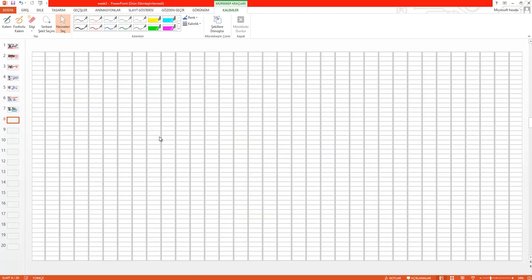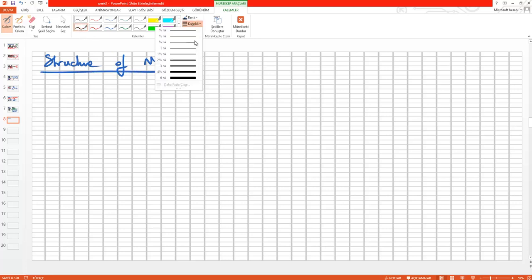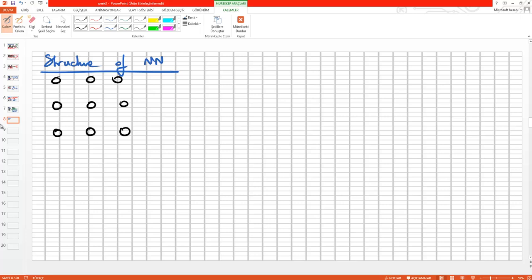So, the structure of neural network should be given at this time, like this one. Structure of NN can be given like this one. Firstly, we need to have some threshold values in here, like this one. We have one hidden neuron, and we have the output neuron in here.